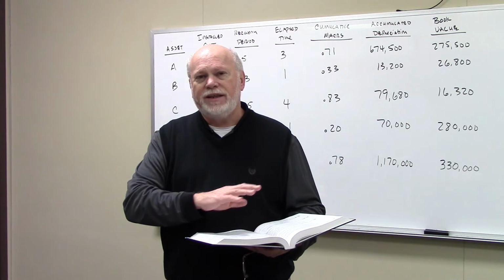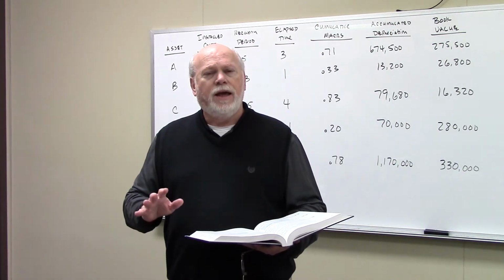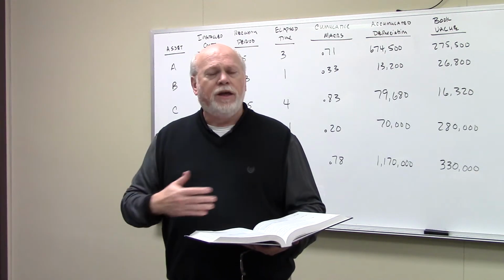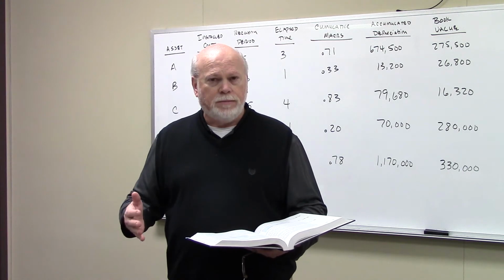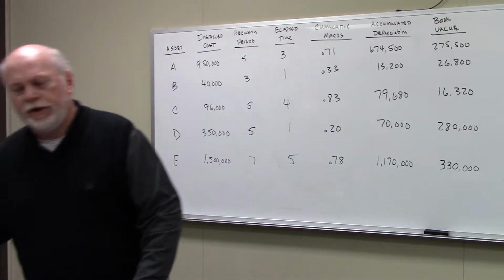So we would depreciate the entire installed cost of the asset. And at the end, when we get through depreciating with MACRS, the book value of the asset would be 0.